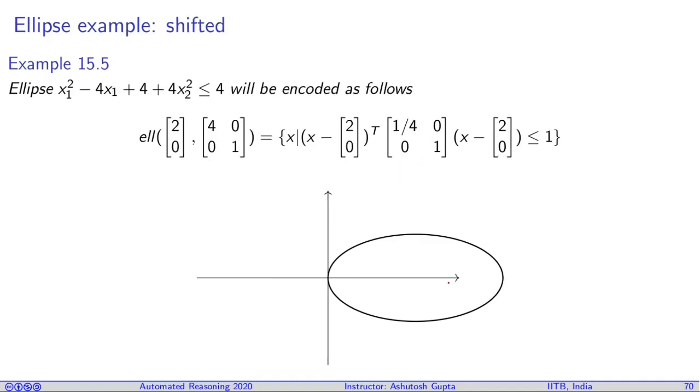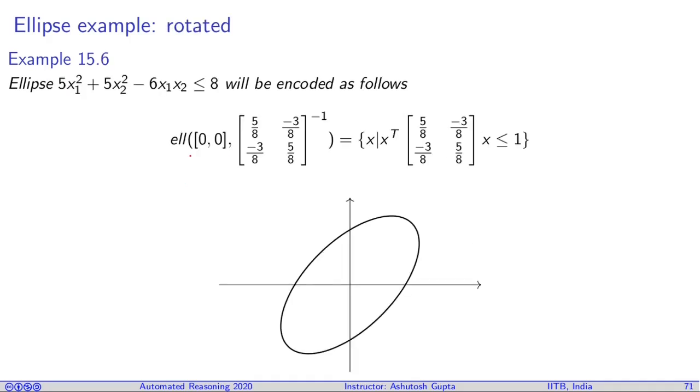Now let's shift our ellipse in the x direction, then we can change the center, and we obtain the shifted ellipse. We can also rotate our ellipse, and if you rotate it, it will be represented like this, and we can write down our ellipse in the following way.